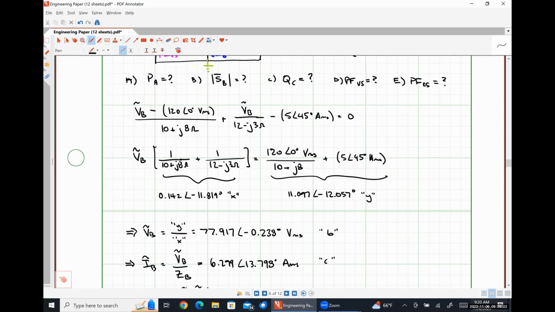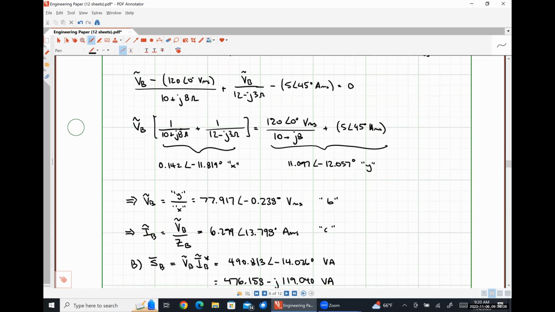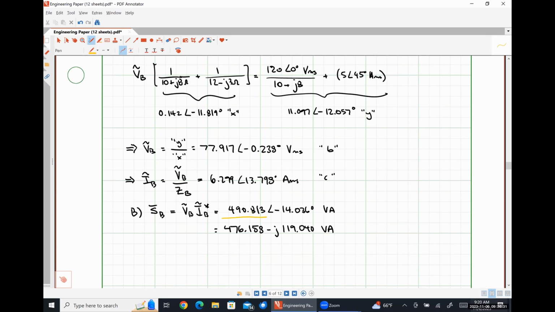So if we scroll back up here, we were trying to find the apparent power for element B. The apparent power is just the magnitude of our complex power in polar form, right? So I didn't memorize any equations whatsoever. I'm just letting my calculator do the work for me and just taking which parts I need.